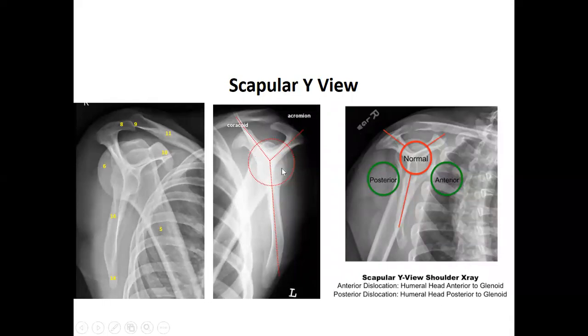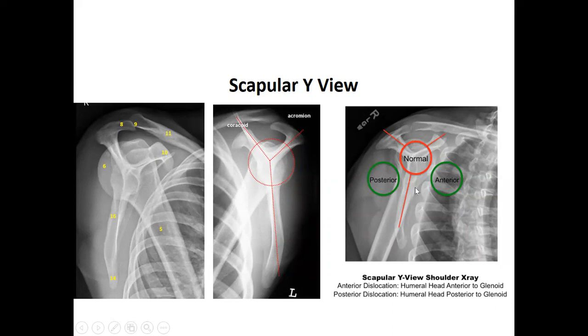This is the humeral head. If it is anterior dislocation, the humeral head will be like here. If it is posterior dislocation, the posterior position of the humeral head will be like here. And this radiograph is normal because the humeral head is present like here.